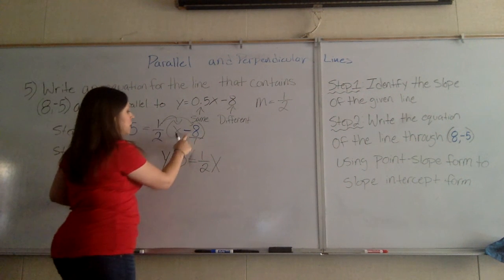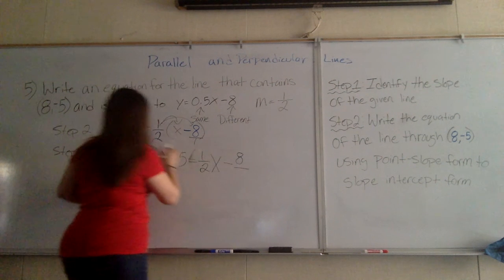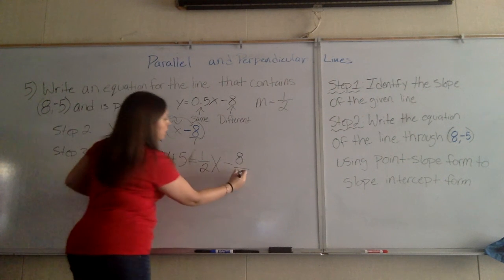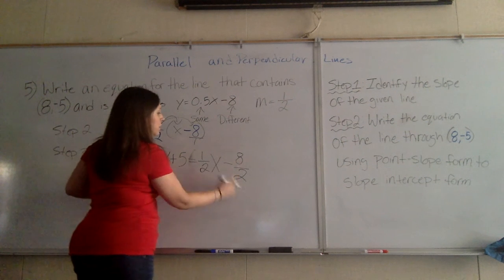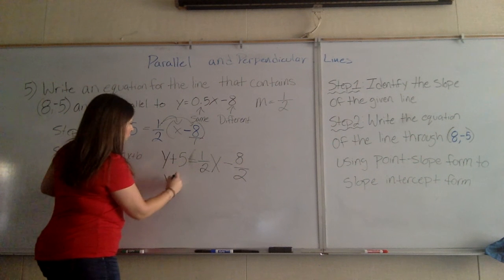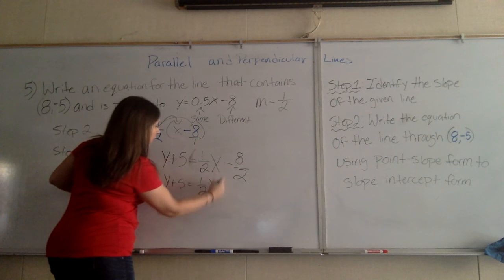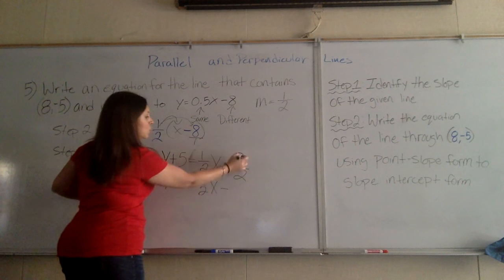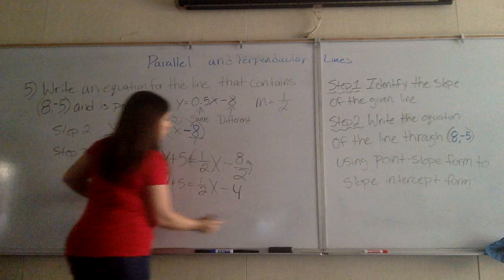So 1 times -8 gives me -8, and 2 times 1 gives me 2. However, this does simplify, so I can rewrite it as y + 5 = 1/2 x - 4, since 2 goes into 8 four times.